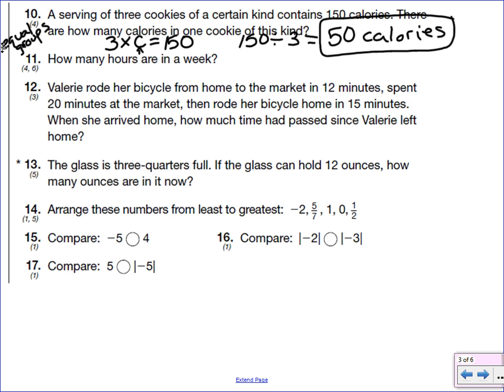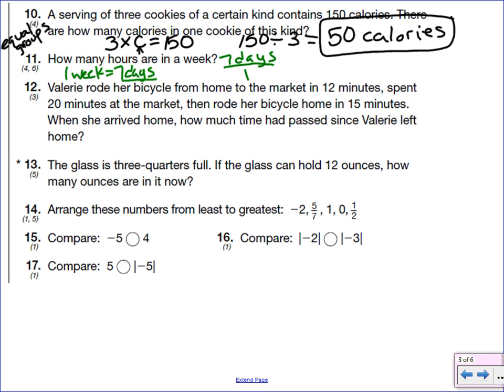How many hours are in a week? So this goes to unit conversion. The first thing we need to know is how many days are in a week. So we have 1 week equals 7 days, so 7 days over 1.